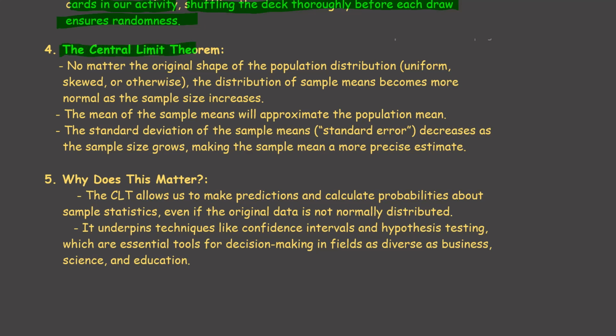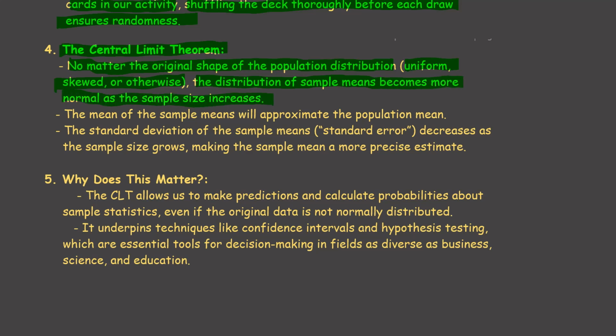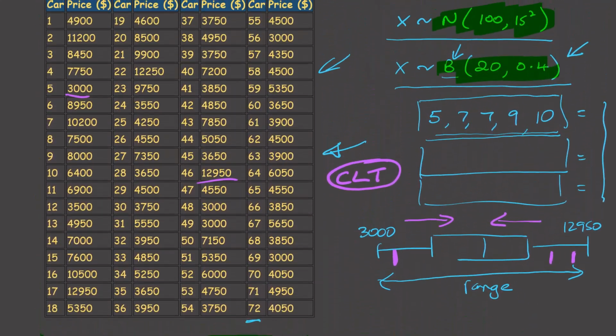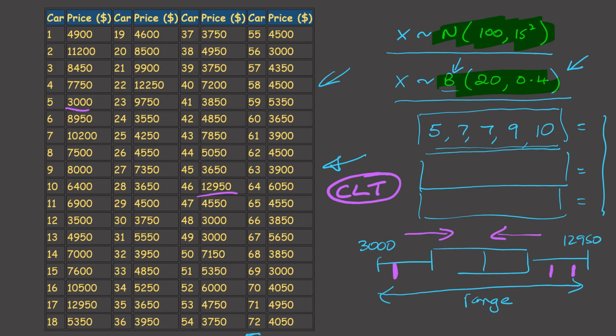The central limit theorem. No matter the original shape of the population distribution, uniform, skewed or otherwise, and we've talked about this a bit earlier, the distribution of sample means becomes more normal as the sample size increases. And this is part of what we're going to be investigating. As the sample size increases, I talked about taking samples of 3 cards here. That won't tend to be normal very quickly at all.